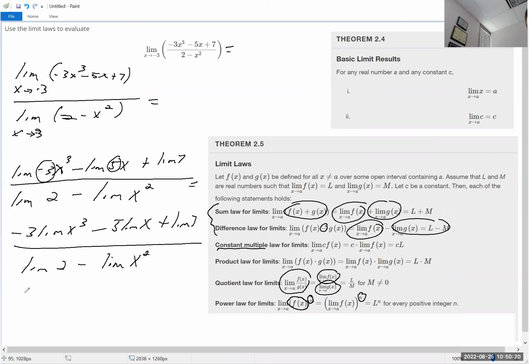So -3 times parentheses limit of x to the 3rd power, and then I copy the rest. Now I think you see why I left the x as x approaches -3 out.